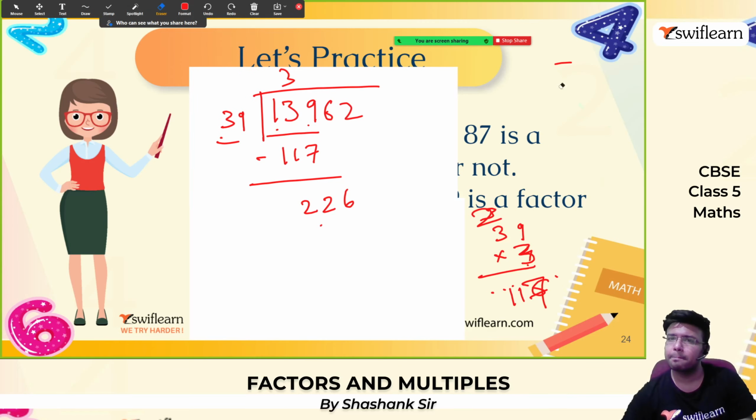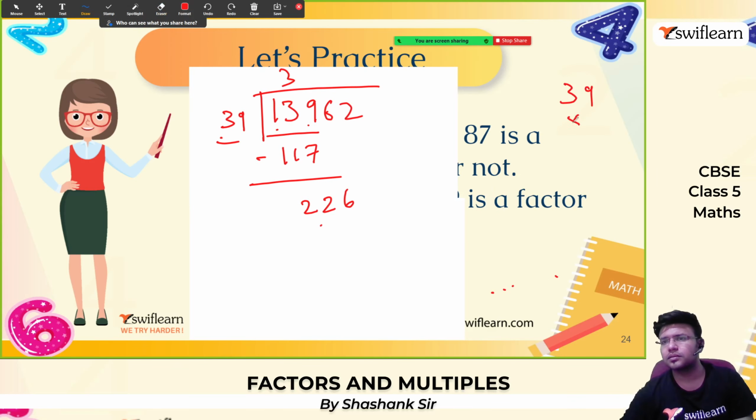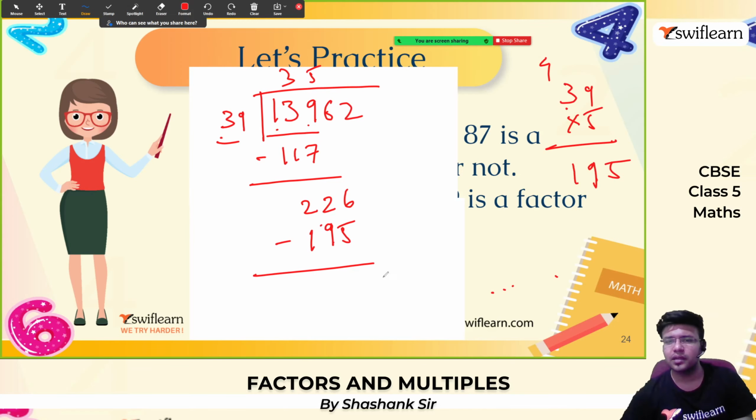Check with 5. 39 into 5. 9 fives are 45, 5 threes are 15 plus 4 is 19, 195. 39 fives are 195. Subtract it, you get 3. Take the next number down, which is 2, 312.